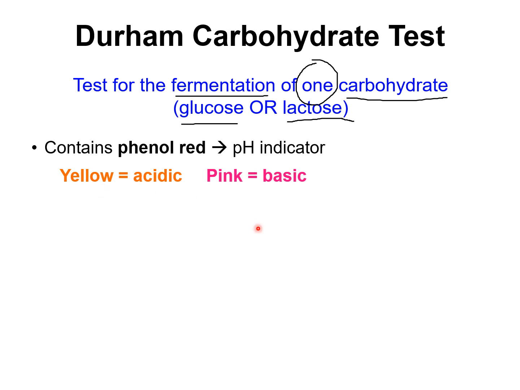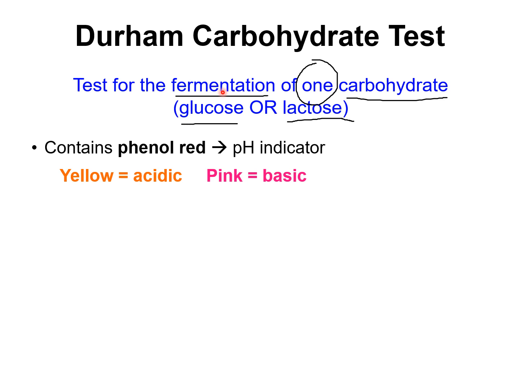Now if your carbohydrate fermentation broth doesn't turn yellow, if it stays orange, or let's say it's pink, and pink is basic, then that would tell us your bacteria is not capable of fermenting the carbohydrate.